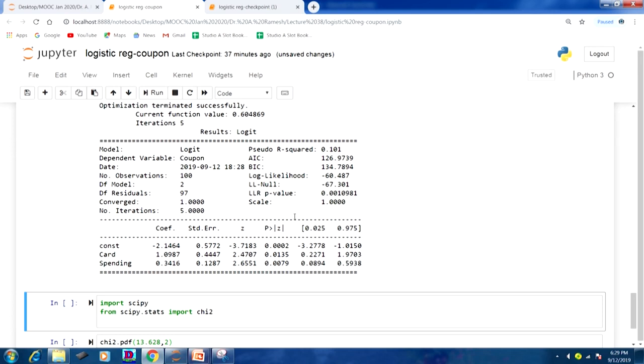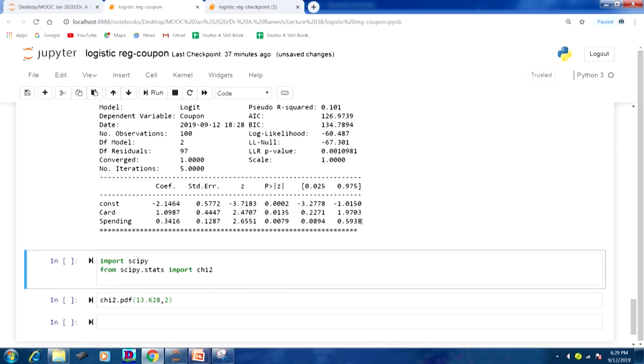It is not shown here, but you have to compute 2 multiplied by minus 60.487 minus of minus 67.301. That value is your G value. For that G value, with 2 degrees of freedom, the G value is nothing but your chi-square value, and you have to find the corresponding P value. If the P value is less than 0.05, we can say the overall model is significant.